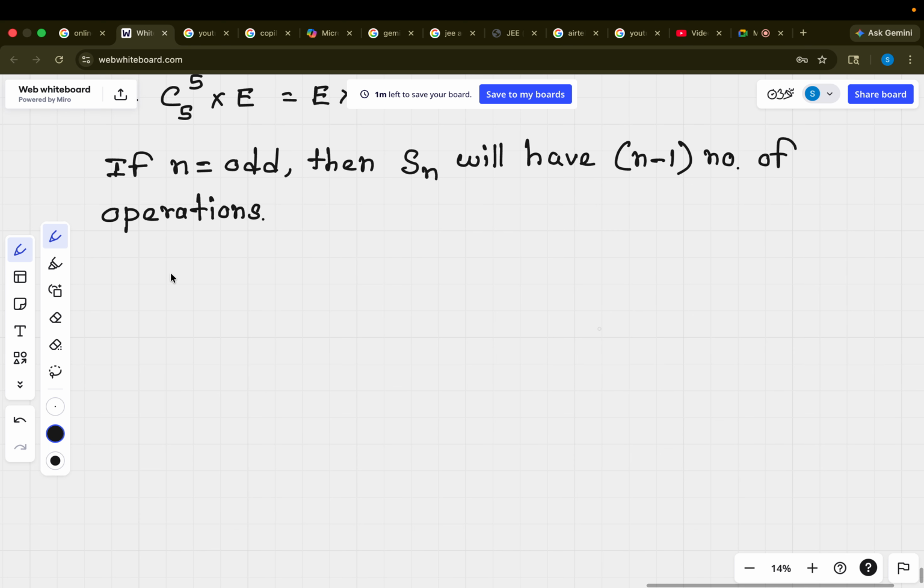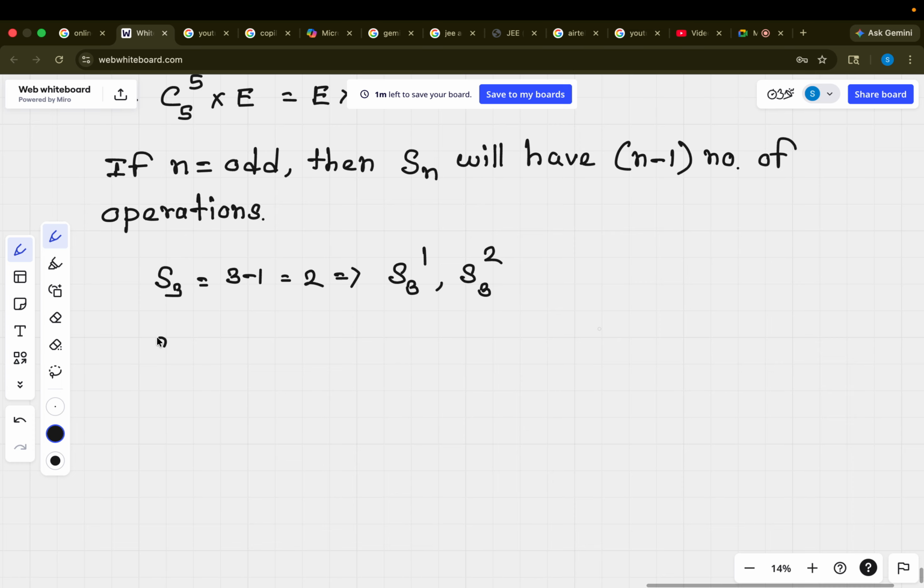Suppose you have S3. If this n value is odd, you will have n minus 1 number of operations. So 3 means 3 minus 1, so you will have 2 operations here. What are the 2 operations? You will get S3 1 and S3 2.